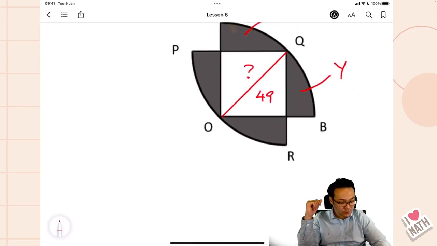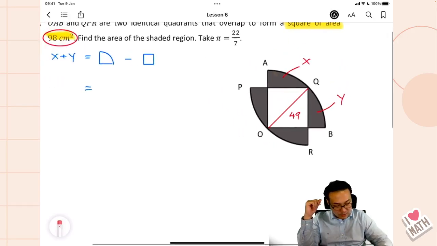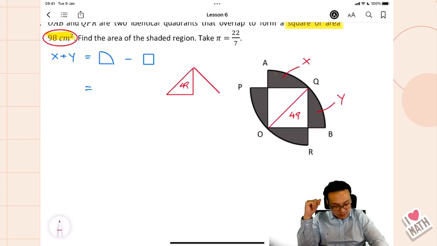I have a triangle with an area of 49, and I'm trying to find out how long is this line. I'm going to do this. I will take my triangle, which is 49, and what I'm going to do is I'm going to duplicate the triangle 4 times.